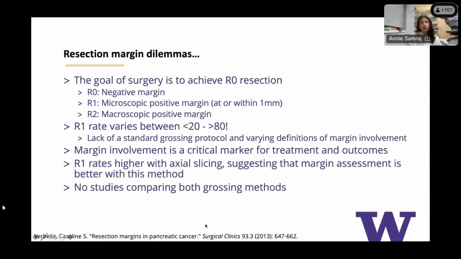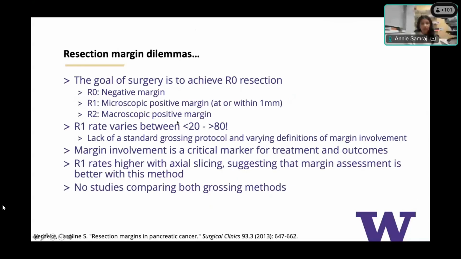Okay, so the goal of surgery is to achieve negative margins. We also call it R0 resection. Most of oncologic surgery, they really want negative margins. And if you have a positive margin, it's correlated with poor outcomes.